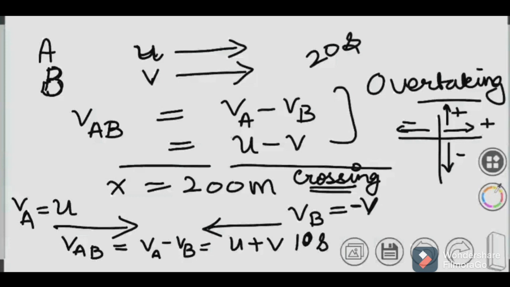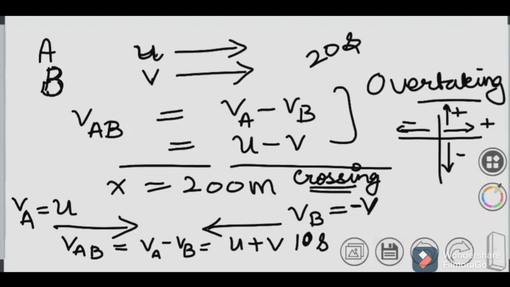Now I need your inputs. It's pretty simple. You have the velocity, you have the time, you have the distances. How will you calculate u plus v and u minus v? You will get two equations and two unknowns, right? Distance will be equal to velocity into time in each case, and the velocity in one case will be u plus v.